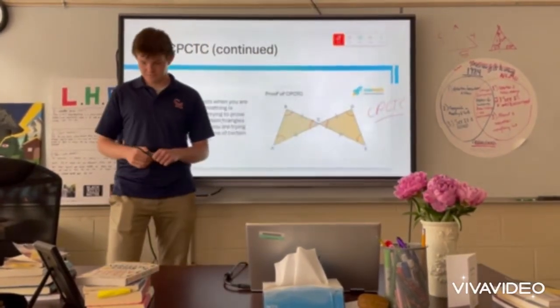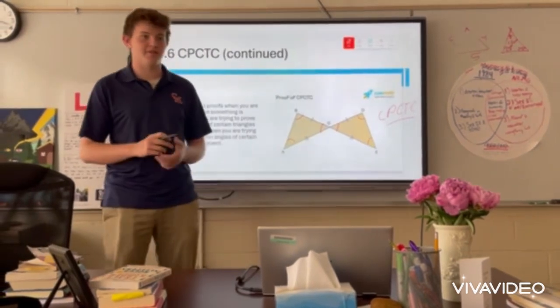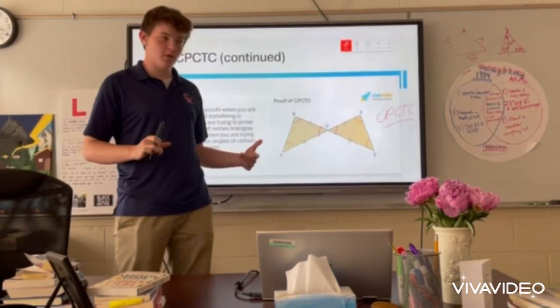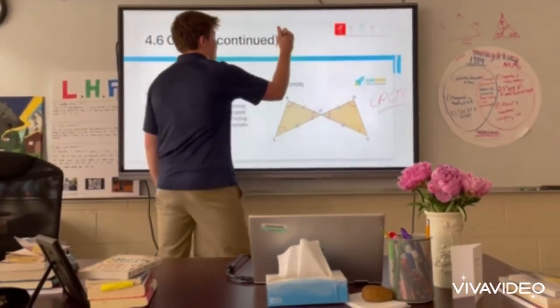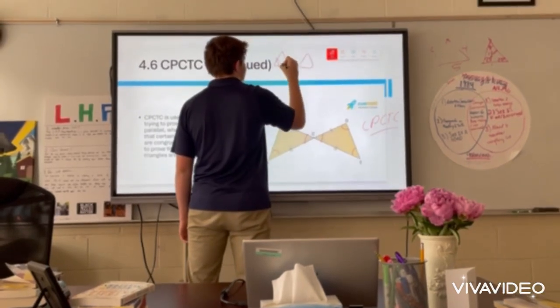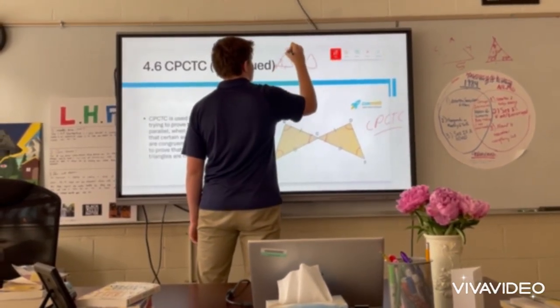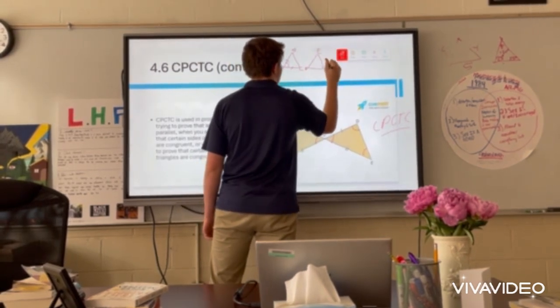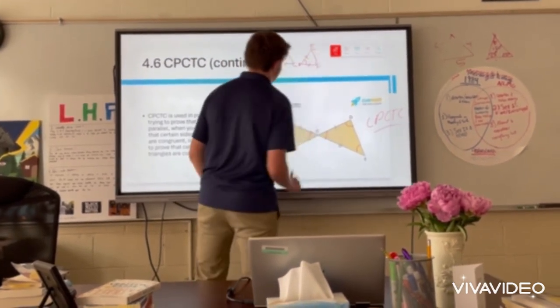Now, overall, CPCTC is for a proof if you're asked to figure out if a part of a triangle is congruent versus the whole of two triangles. For example, if we have this, we prove this, and so on. Prove that these are congruent.